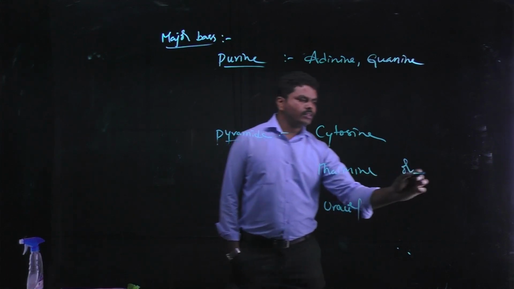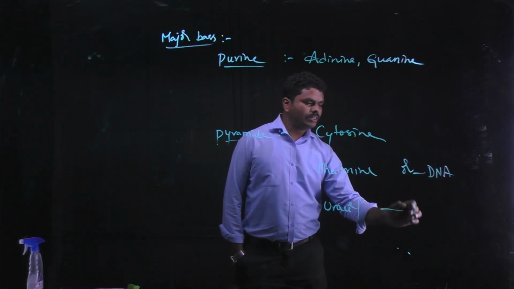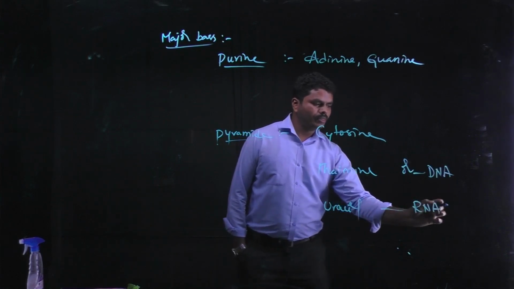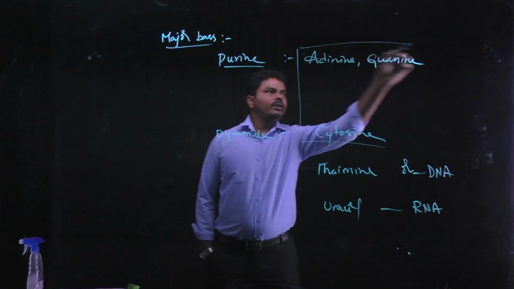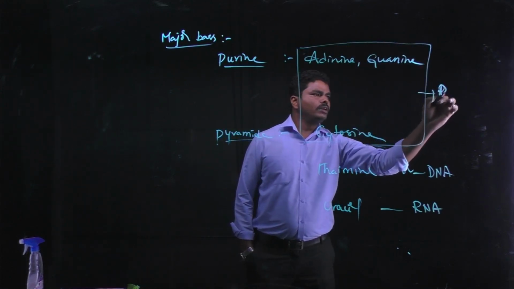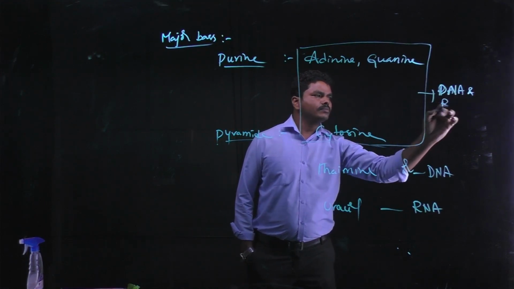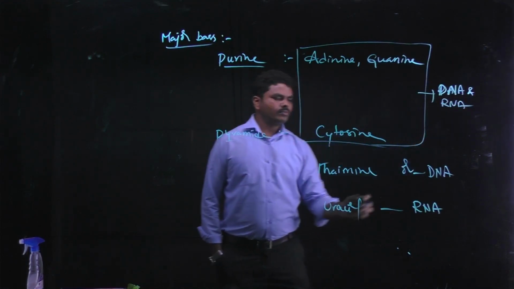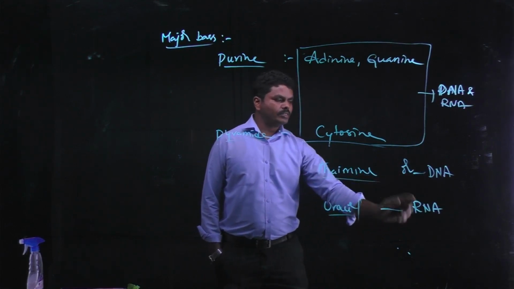Thymine is present in DNA and uracil is present in RNA. So these three are common in both DNA and RNA, but thymine is present only in DNA, and uracil in RNA.